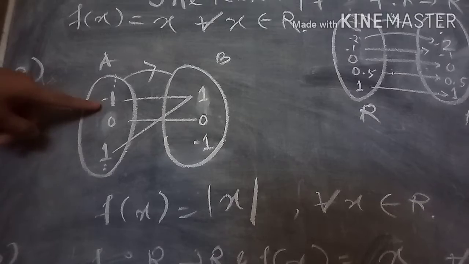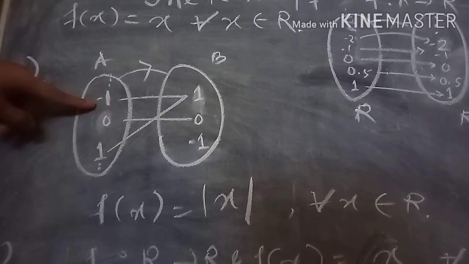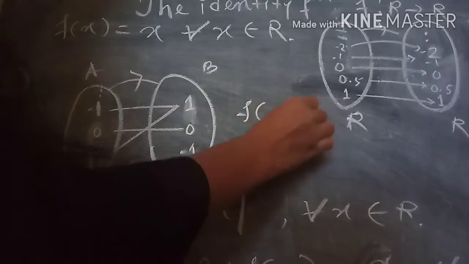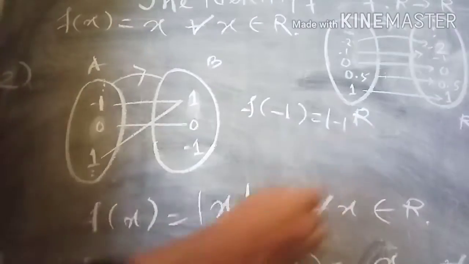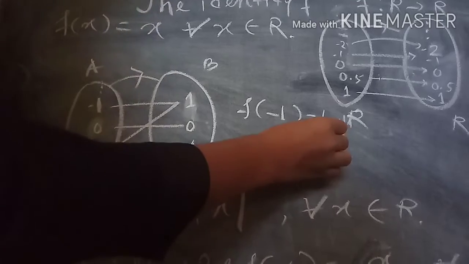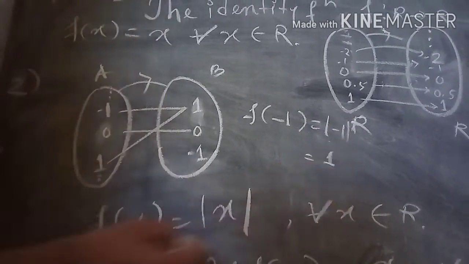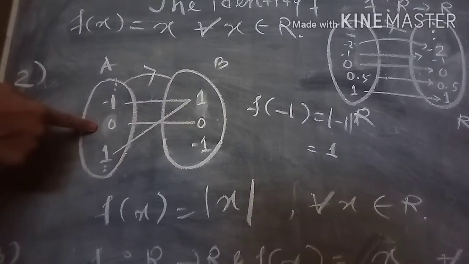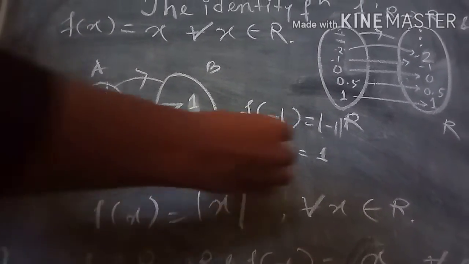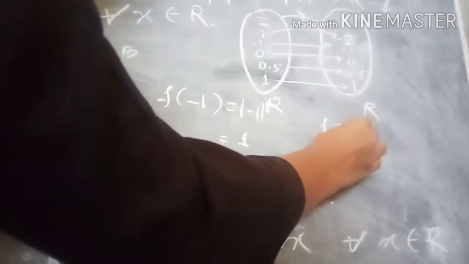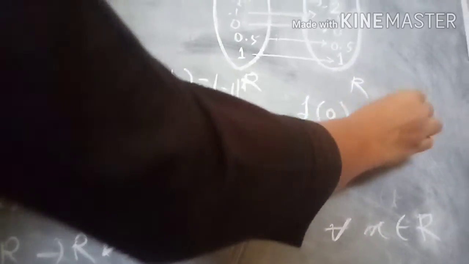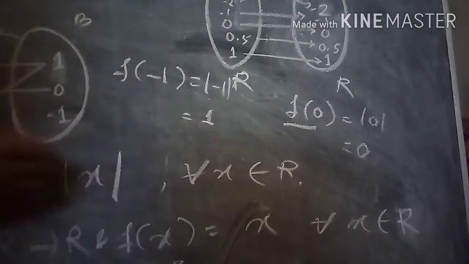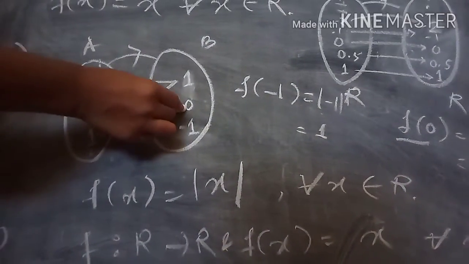Now for the element -1 we will have f of -1 equal to mod of -1, and mod of -1 is nothing but +1, so -1 goes to +1. Now f of 0 will be mod of 0, and mod of 0 is 0, as we all know, so 0 goes to 0.